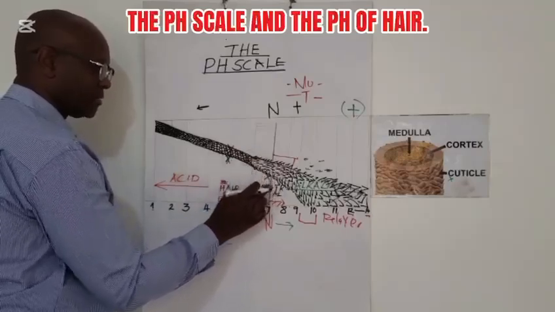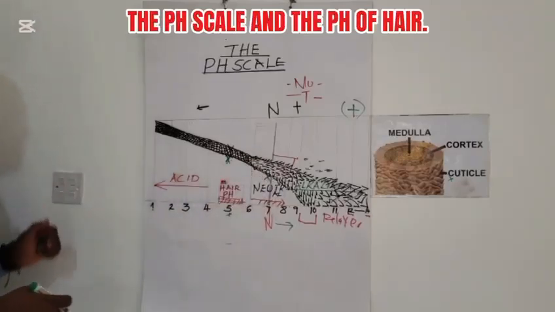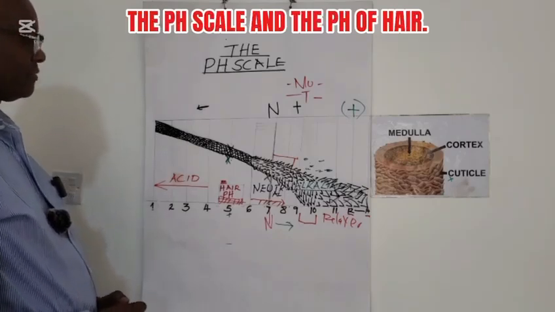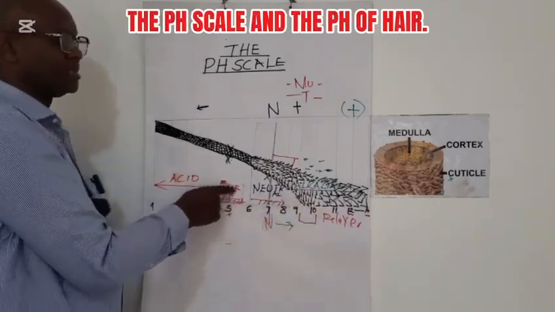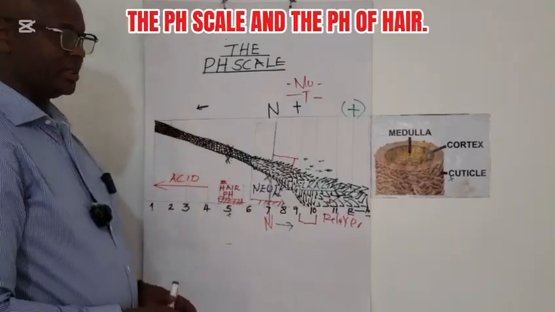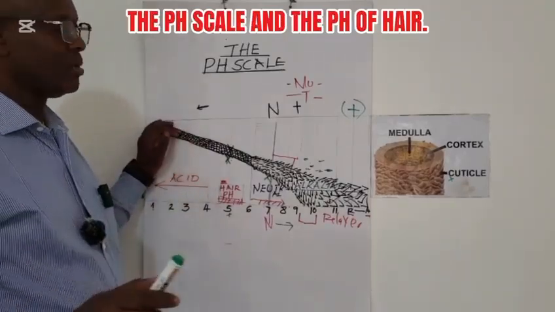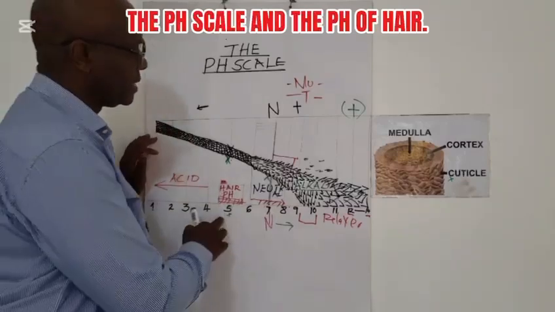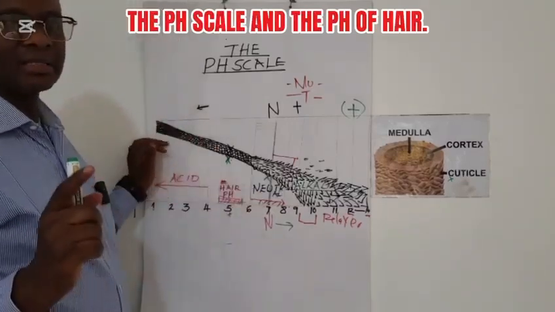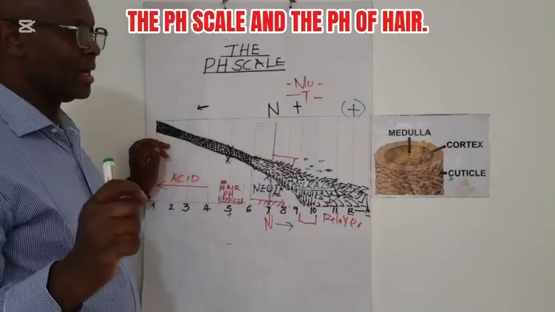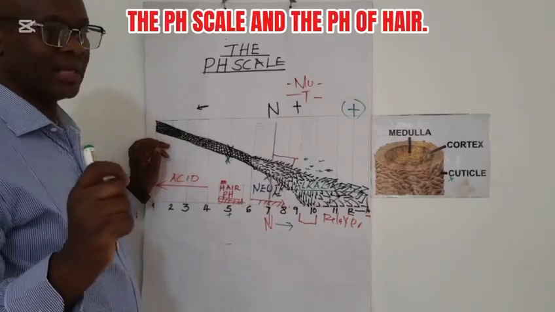So for us to have hair that will not break after relaxing, we need to work hard so that after this chemical service, our hair returns back to normal. Something else that I want to tell you, I want us now to relate pH to the reason why sometimes when you relax, your hair will backfire. That's where we start.